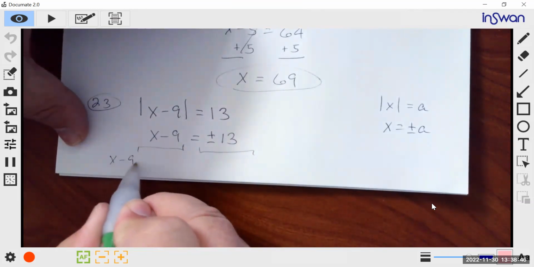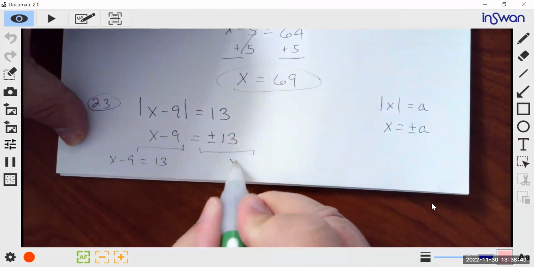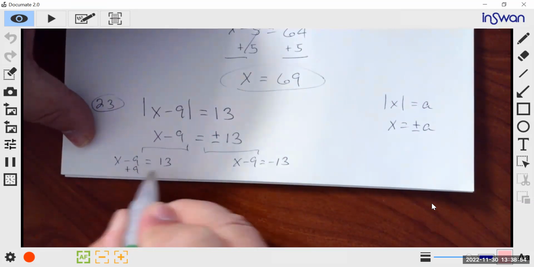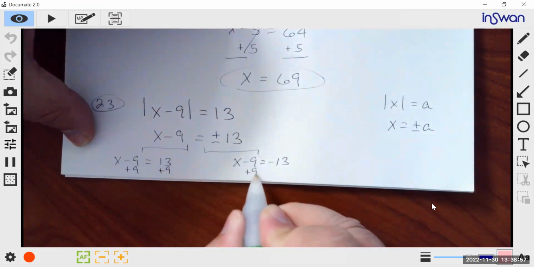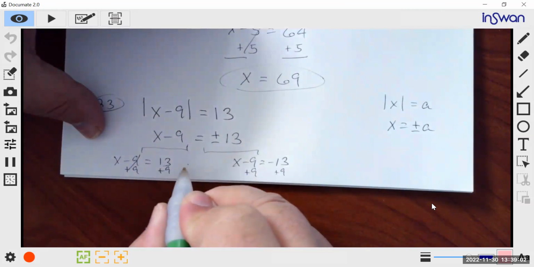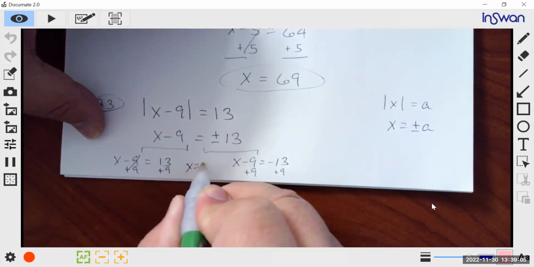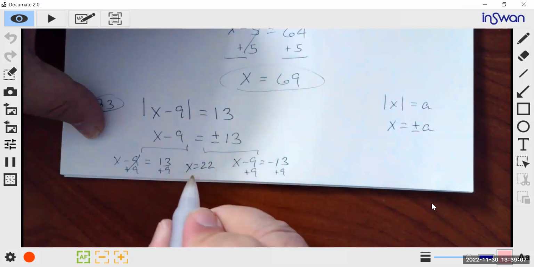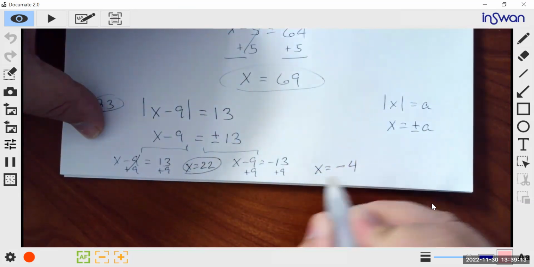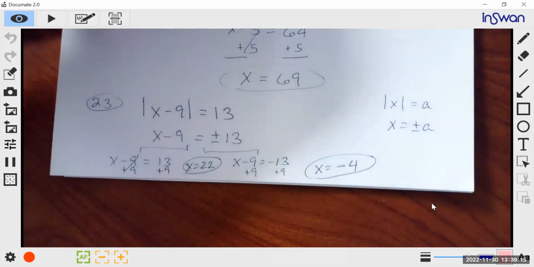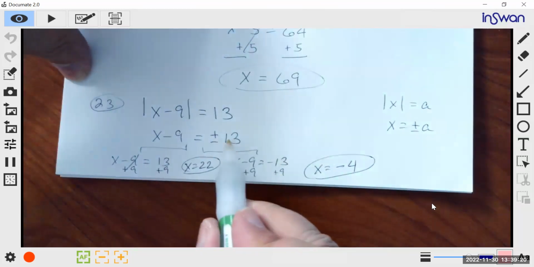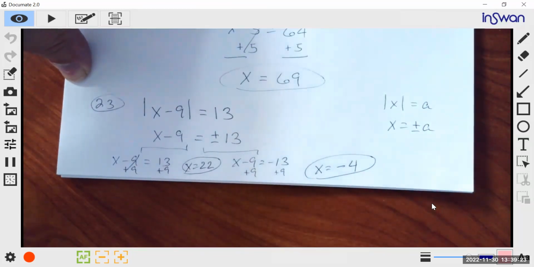So I have to do x minus 9 equals 13. x minus 9 equals negative 13. Add 9. So x equals 22. And x equals negative 4. You have to set them both equal to positive and negative 13 and solve.